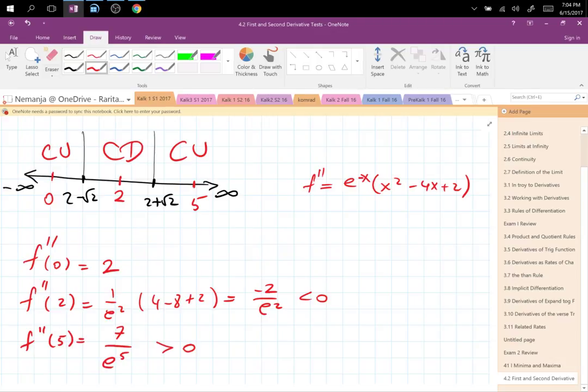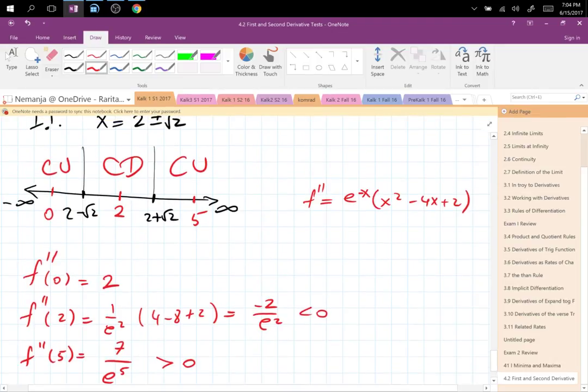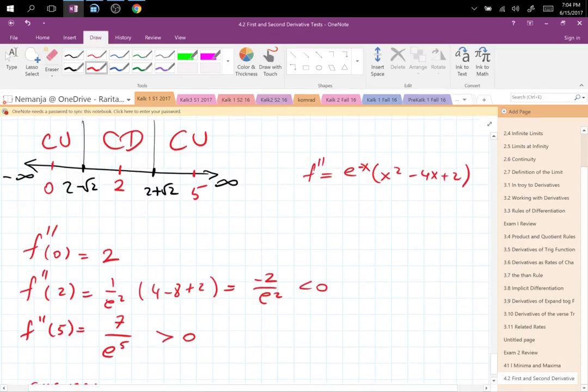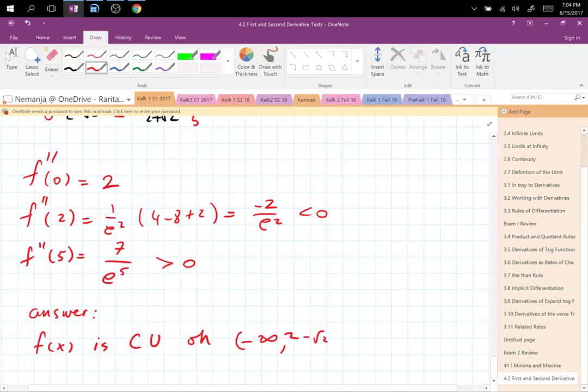So now, how do you write the answer for these questions? You will say f of x is concave up on negative infinity to 2 minus root 2, union 2 plus root 2 to positive infinity. So you provide x1, x2, x1, x2.